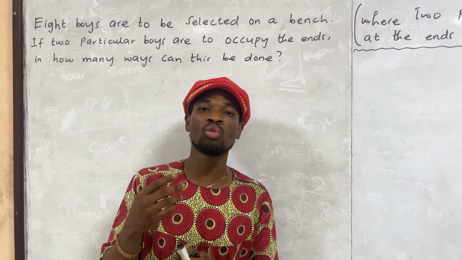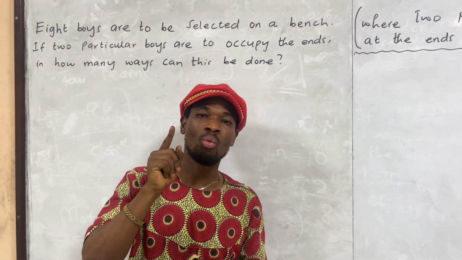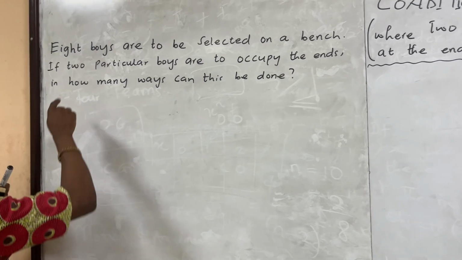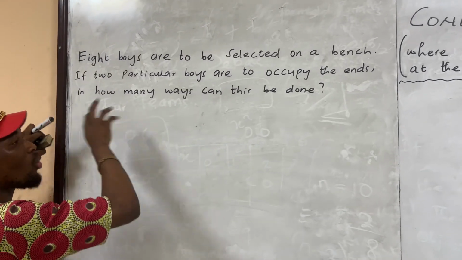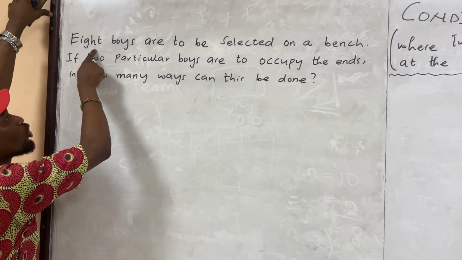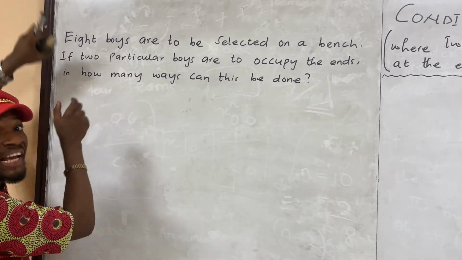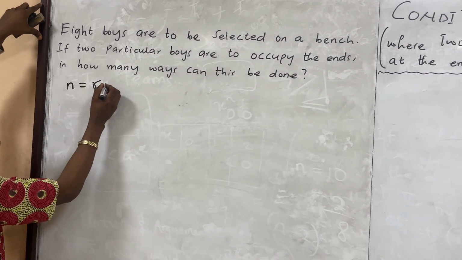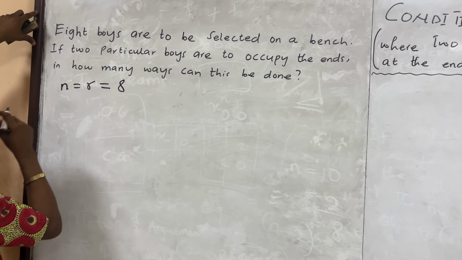So whenever we are given questions, we need to figure out what the total number is, which is the n. From here, we're given straight away the total number of boys to be equal to 8. So n, which is equal to r, is 8 from the question.